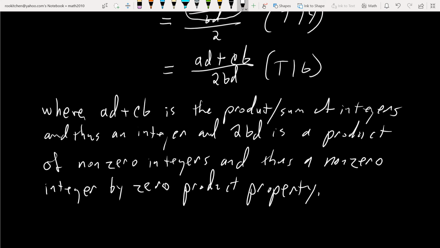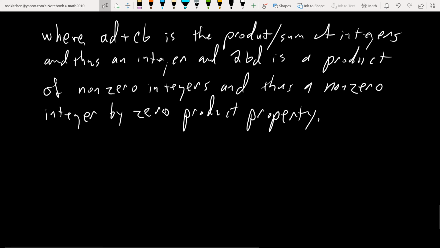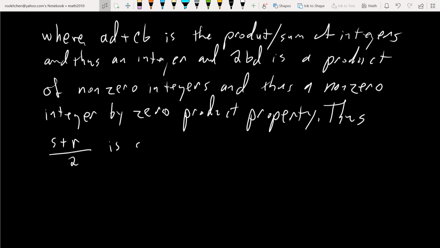Okay, thus the thing we ended with is rational by definition. So thus (R plus S) over 2 is rational by definition.